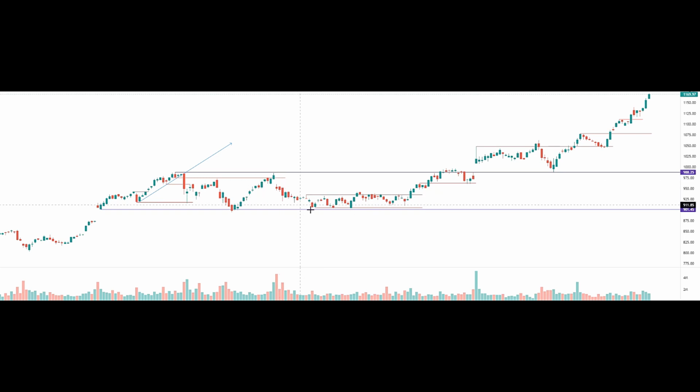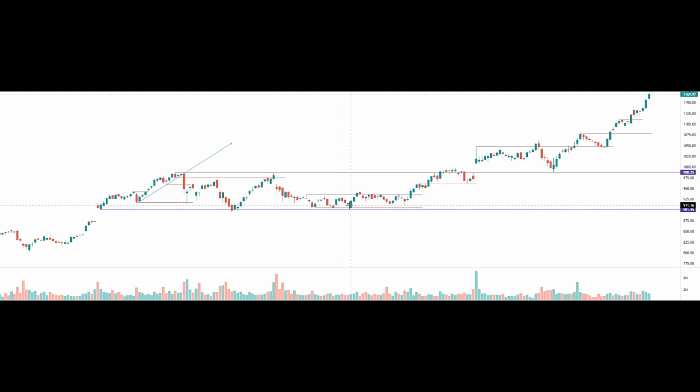Here it came down consistently, and this is a point where price first crossed and closed above the high of the previous candle. So some bulls took action here. What happened after this? When price came down again next time, it crossed below this low, but next day there was a gap up opening. So bulls came overnight and they took the prices higher.